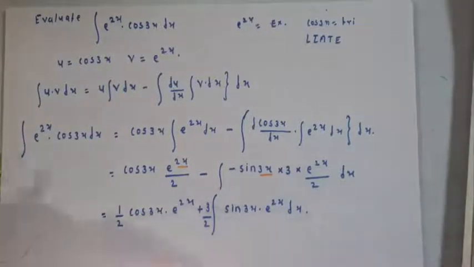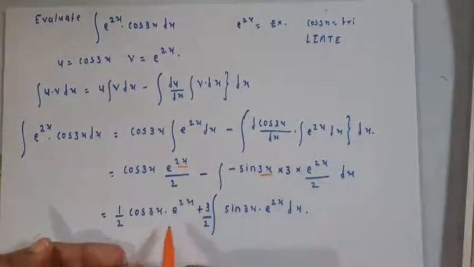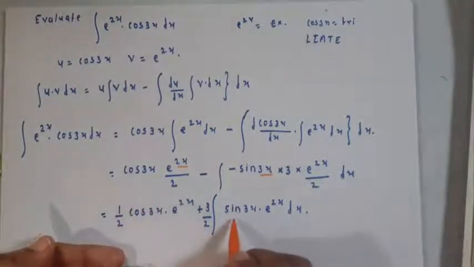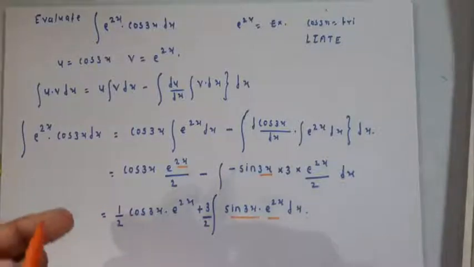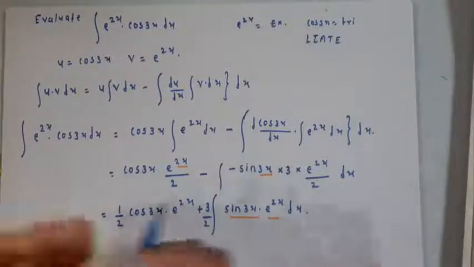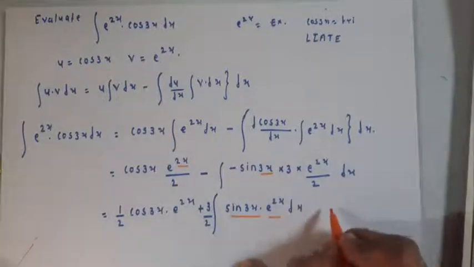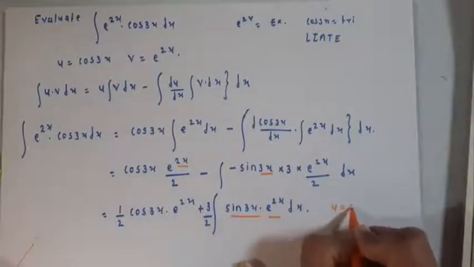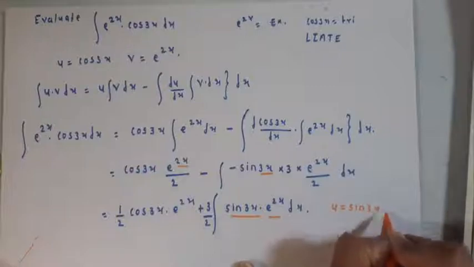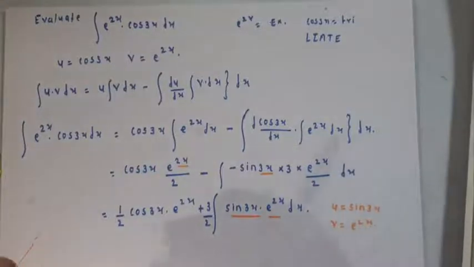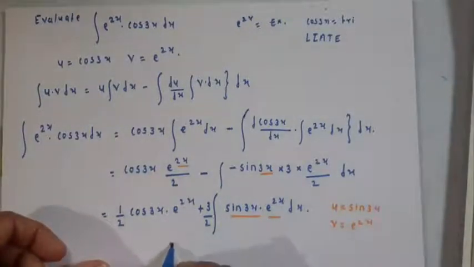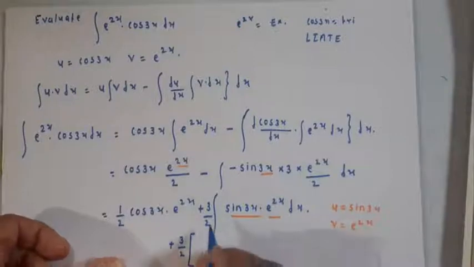Students, now see, the integration of the first term is this. Now we have to integrate sine of 3x into e raised to 2x, again by applying the u into v rule. Here again u equals sine of 3x and v equals e raised to 2x. So this plus 3 by 2, take it outside in a bracket.